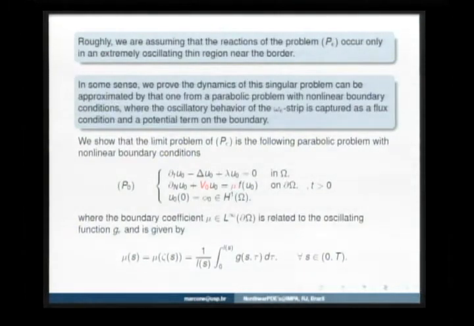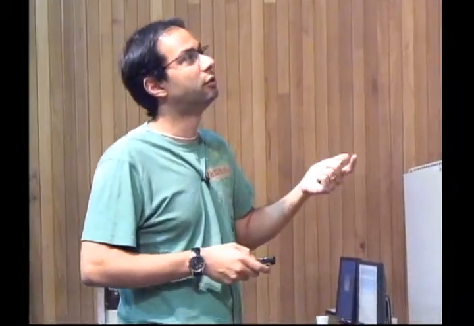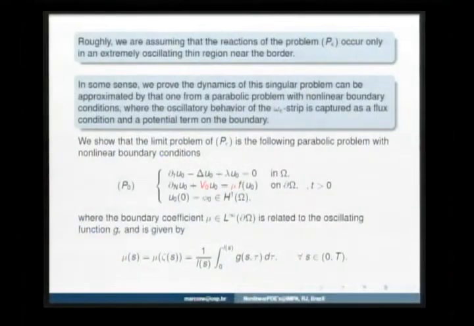So it's clear that when epsilon goes to 0, the problem will converge to a problem with a nonlinear boundary condition, okay? It's almost obvious. What is interesting here is that a boundary coefficient appears, a function mu, that is given by the average of the function g, okay?